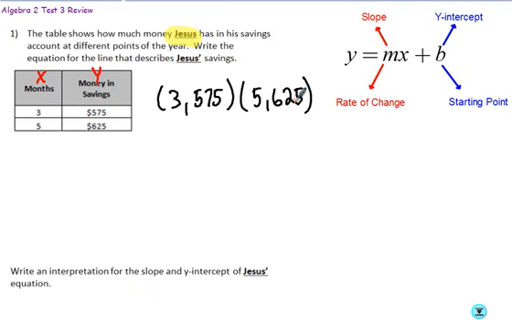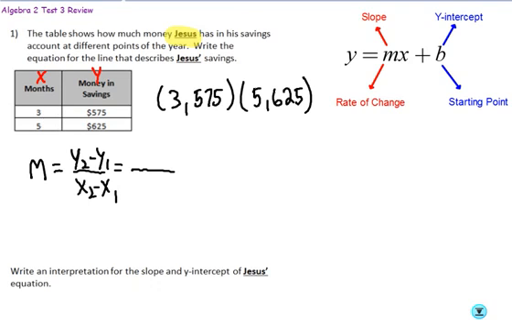Now to figure out the slope, we have a formula for that, which is y2 minus y1 over x2 minus x1. Basically we're just going to compare how the y is changing versus how the x is changing, how much money was saved over those 2 months.